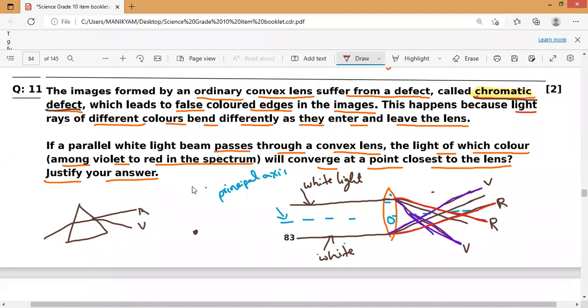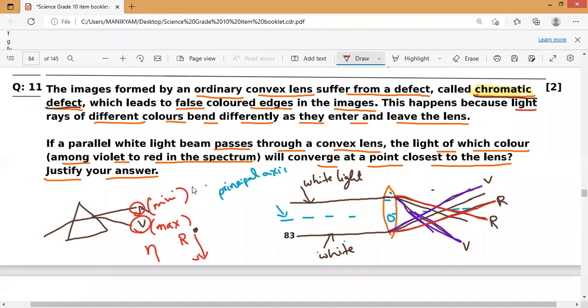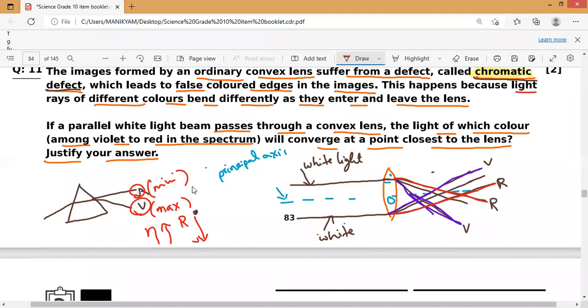So as we know, violet has greater refractive index because of minimum speed, violet has maximum deviation. If I consider the colors, remember, from red to violet, refractive index keeps on increasing. When we are going down, refractive index increases. So now tell me, who is having greater refractive index?